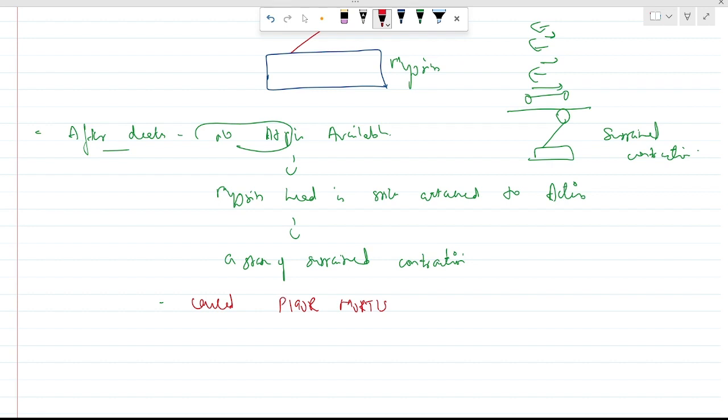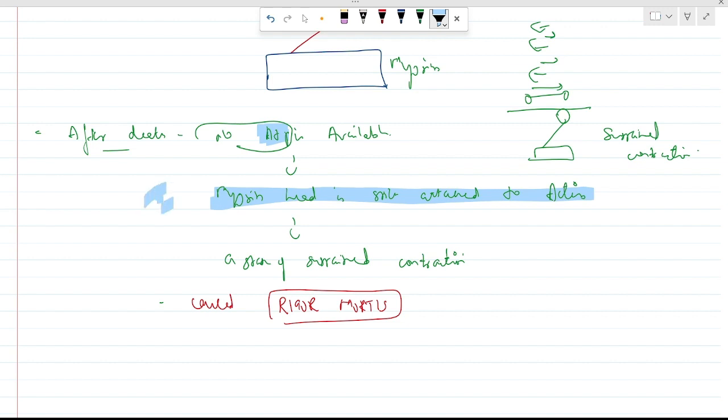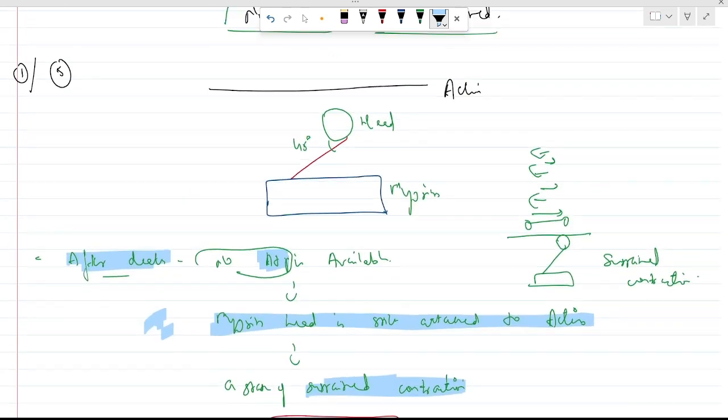After death no ATP is available, the myosin head is still attached to actin. Most important point here: this is called a state of sustained contraction. It's called rigor mortis, which occurs after death. So this was our whole contraction and our state of rigor mortis.